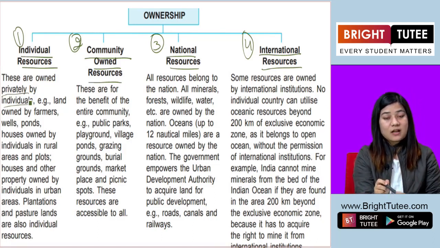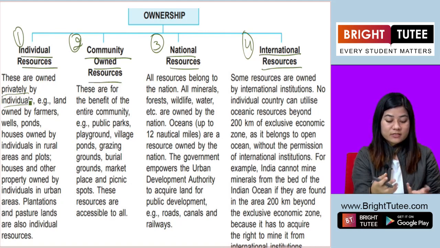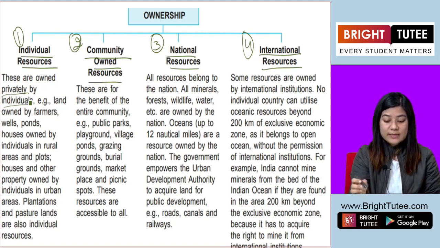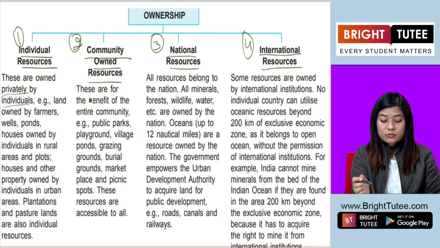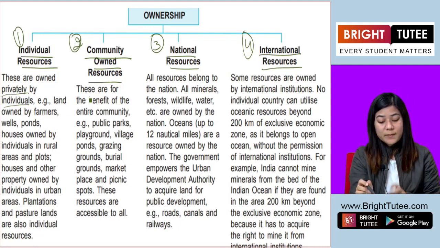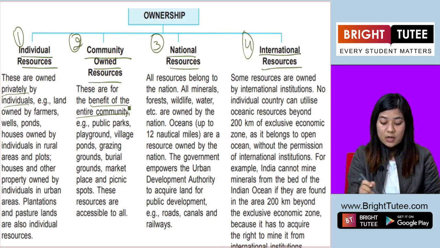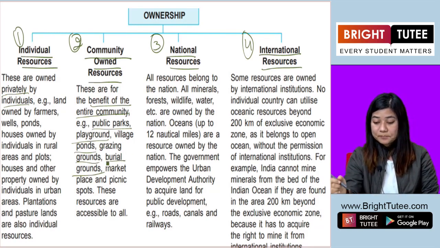Examples are farmers who own the land, or people who own houses or a plot of land. Community owned resources are those owned by the community and used for the benefit of the entire community. Examples: public parks, playgrounds, village ponds, grazing grounds, burial grounds, marketplaces, etc.